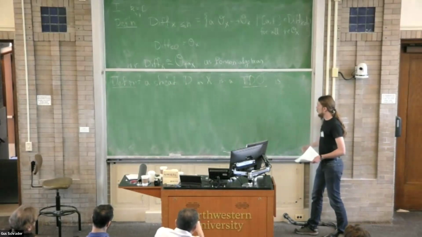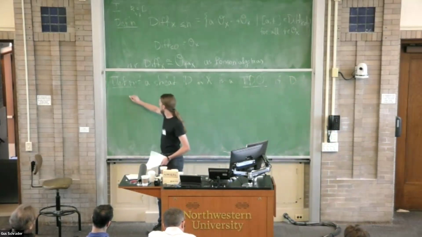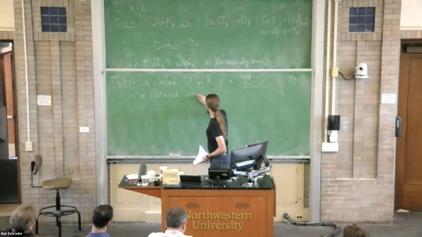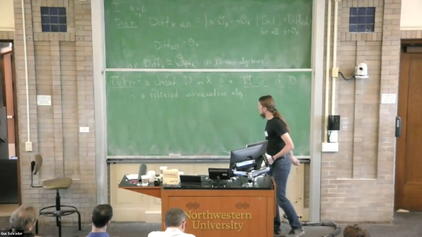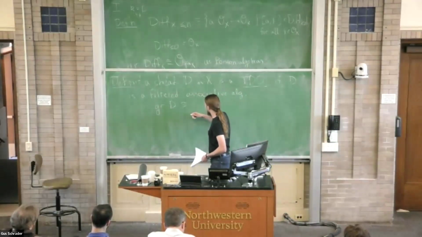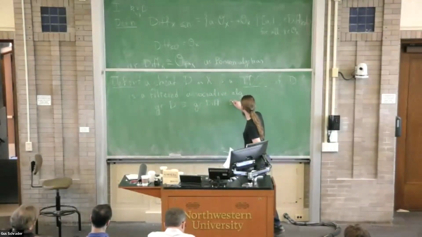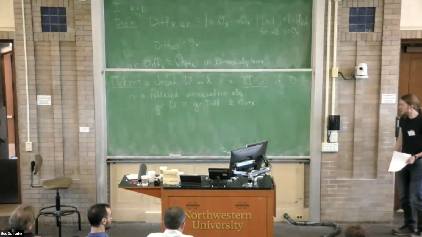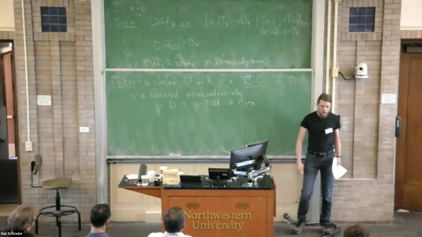So, a sheaf D is a TDO if D is a filtered associative algebra, and we require the associated graded of D is, again, the associated graded of differential operators, which is, in this case, functions on the cotangent bundle. So these are, if you like, C-star equivariant quantizations of the cotangent bundle where I dilate the fibers.